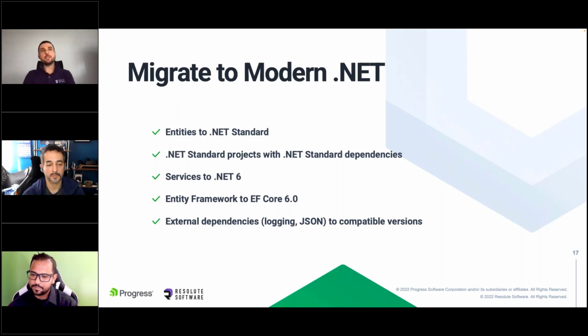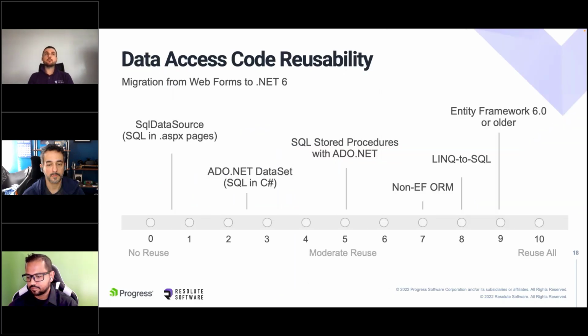Absolutely, yeah. So what we have seen through experience is we have a different position of those scenarios in what we call the code reusability scale. From a scale from 1 to 10, 1 being almost no reuse or we have to rewrite it, to 10 reuse everything, we see stored procedures to be somewhere in between. Why?